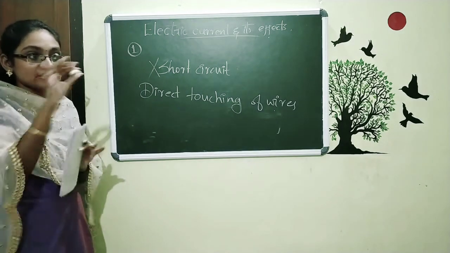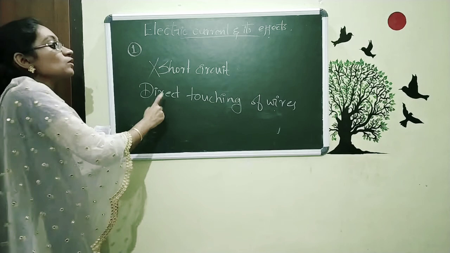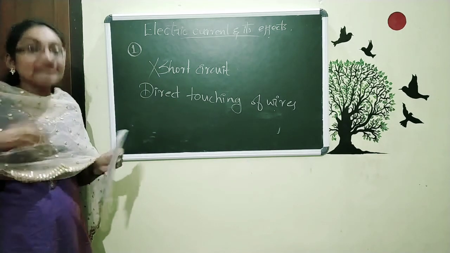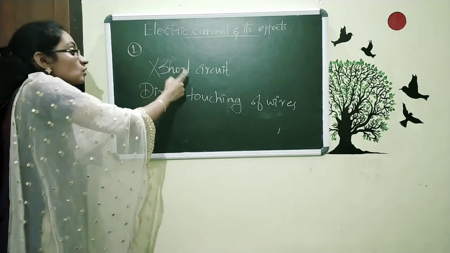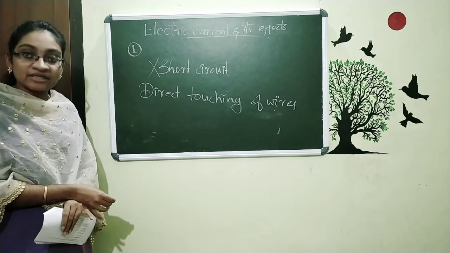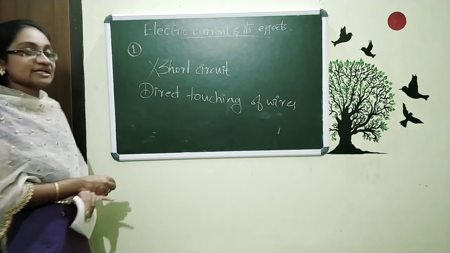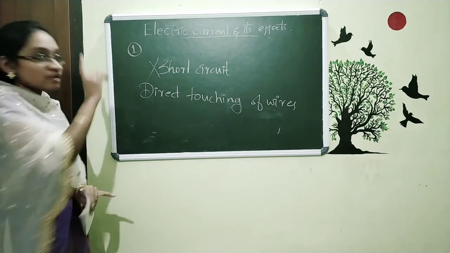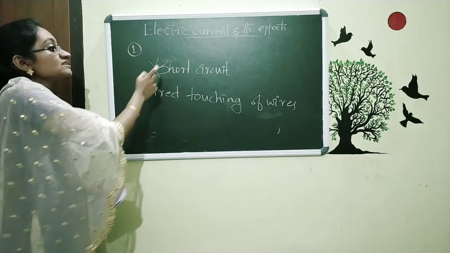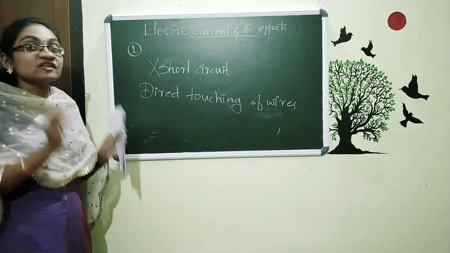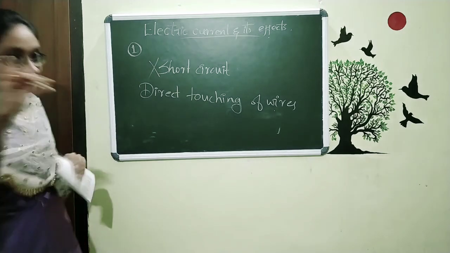That means the coating will be lost, and that's how the direct touching of wires occurs, and that's how a high amount of electricity flows, and a short circuit will occur and it will damage our whole system. And that's how we use such a fuse to reduce the chance for this short circuit. That is the first thing, how a high amount of electricity will flow to our devices.